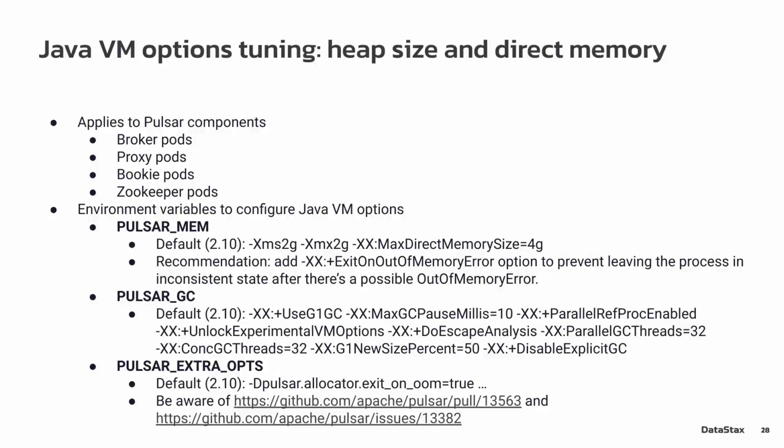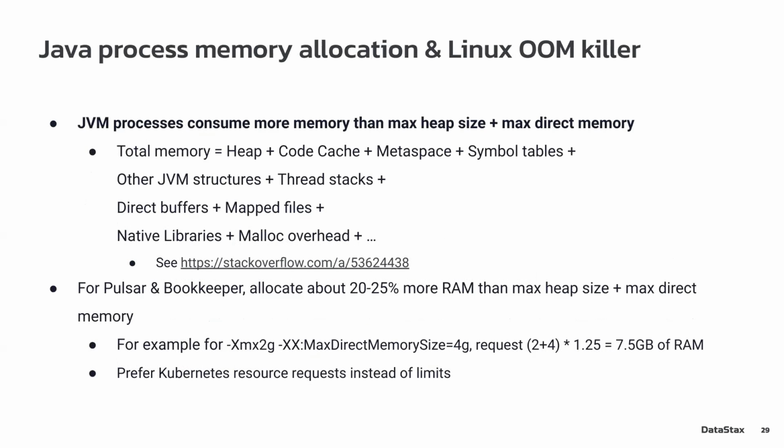So that's a better option than leaving inconsistent state behind. One detail is that Java processes consume more memory than the max heap size and max direct memory. So that's a common mistake, to set the resource limits to the sum of the maximum heap size and maximum direct memory size.